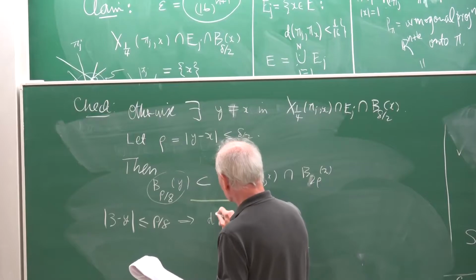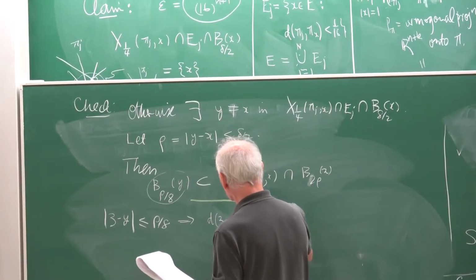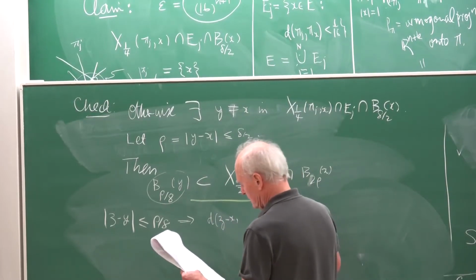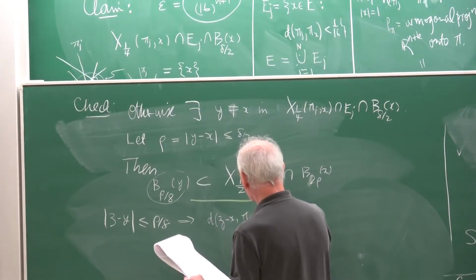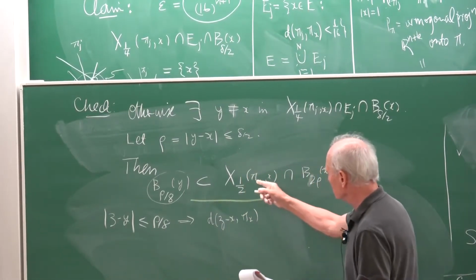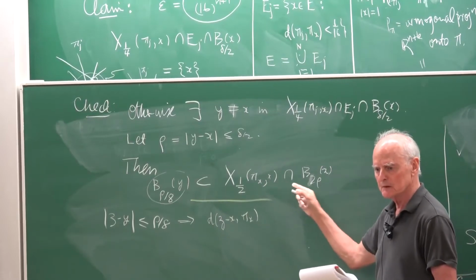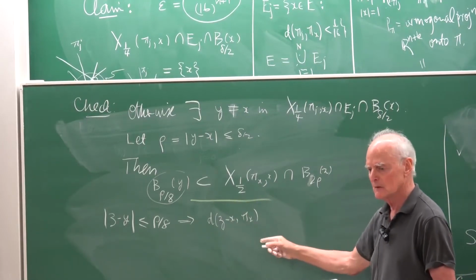look at the distance from z minus x to pi x, because we're trying to prove it's in this set. So we should look at this distance.